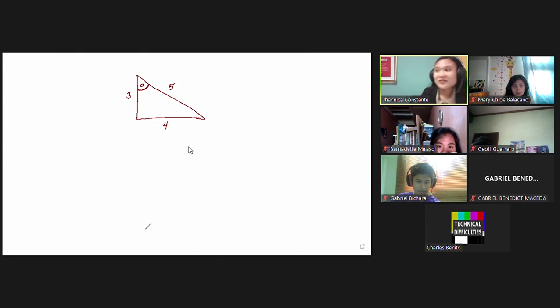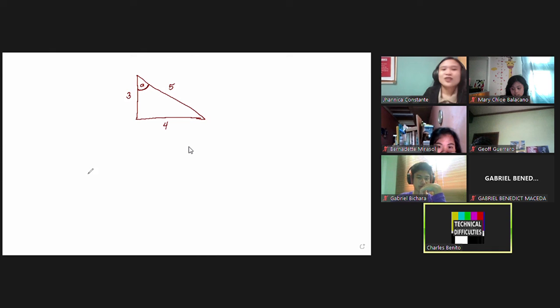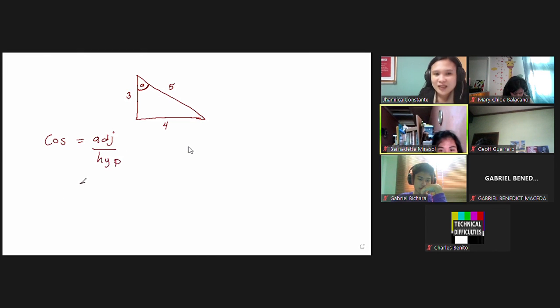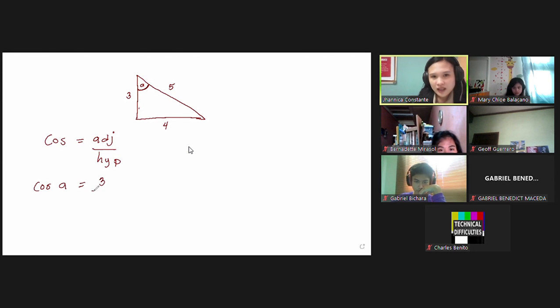Cos. So Charles wants to use the cosine ratio. The cosine ratio is adjacent over hypotenuse. So if we're going to use the cosine of angle A, our adjacent is 3 and hypotenuse is 5.